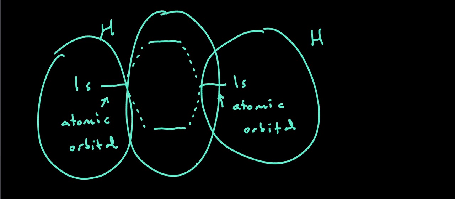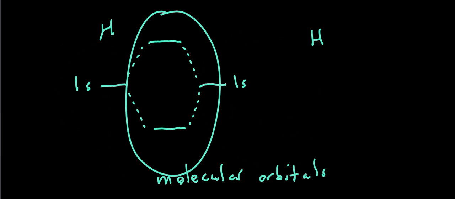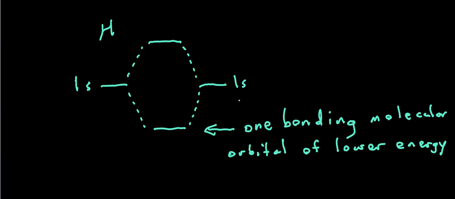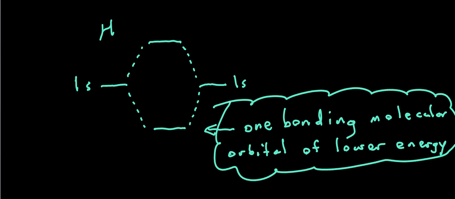We have our 2 new molecular orbitals that have been formed by the combination of the 2 atomic orbitals of our hydrogen atoms coming together to form an H2 molecule. In our picture, the lower energy molecular orbital is referred to as a bonding molecular orbital. We form one bonding molecular orbital that's of lower energy than the original atomic orbitals.